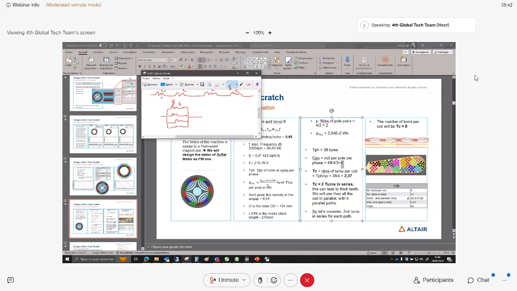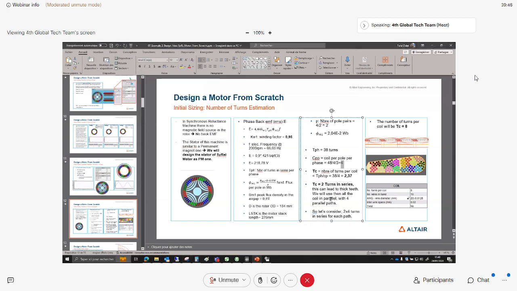Okay. So if I put the coils in parallel, I can increase the number of turns by the number of coils in parallel I put. Then I can finally have, instead of 2 turns in series, 8 turns in parallel with the other coils.